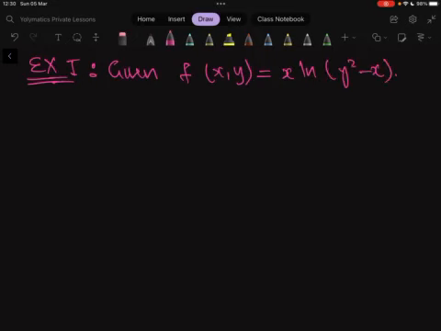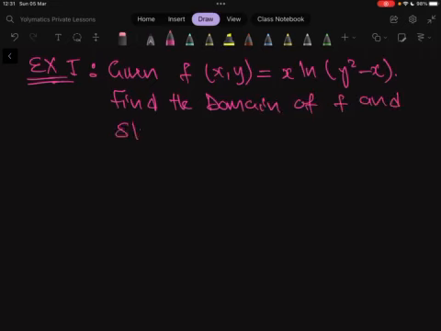The question that we are asked is: find the domain of f and sketch it. So we are given this function, and they say find the domain of this function and sketch that domain.